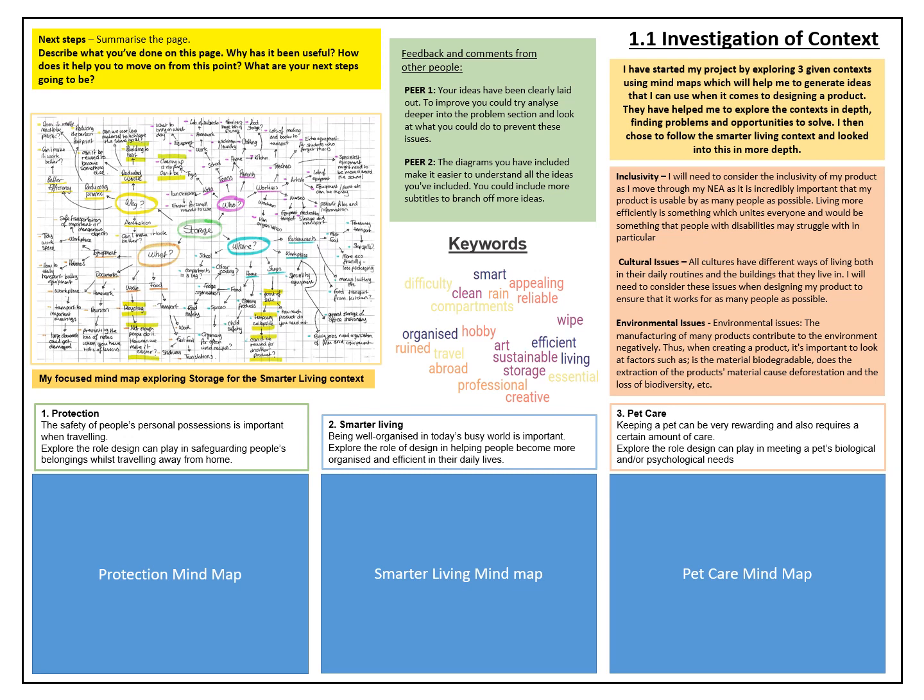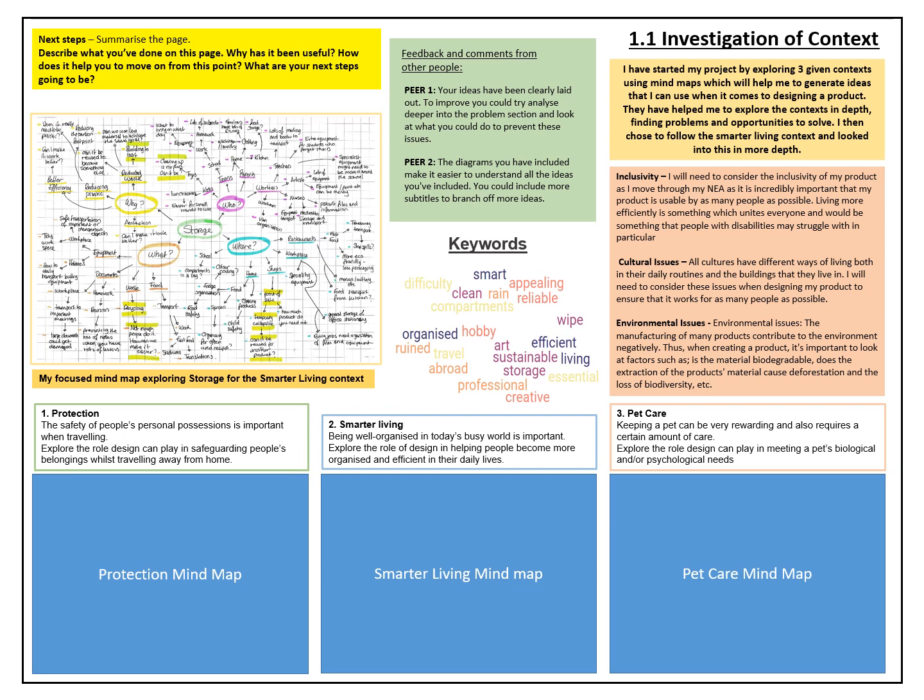So with this and the feedback, these are the things that you need to have in there if you want the higher level marks. Without this extra stuff, it's unlikely that you will get the higher level marks in the mark band. So you need to consider things like inclusivity, cultural issues, environmental issues.